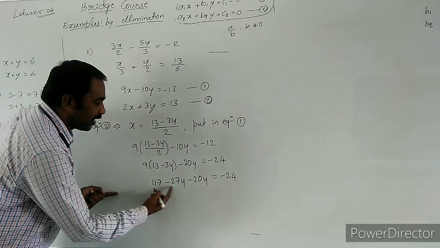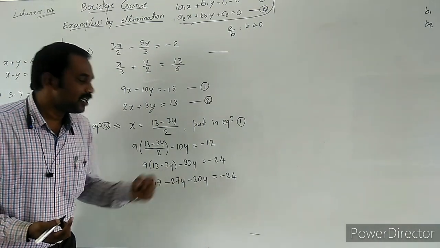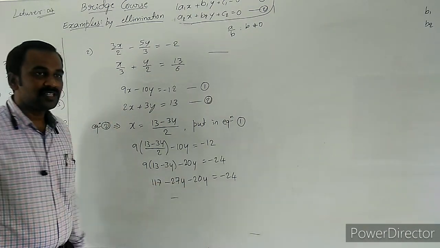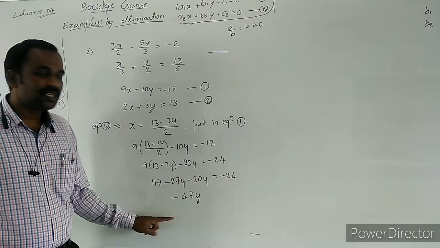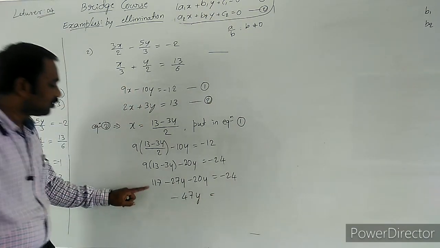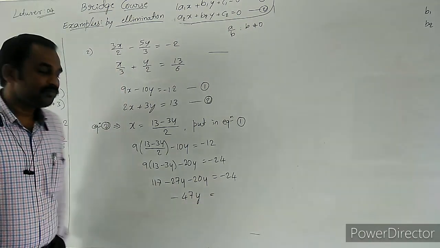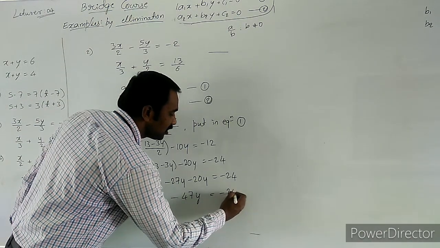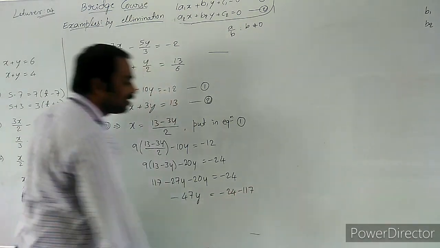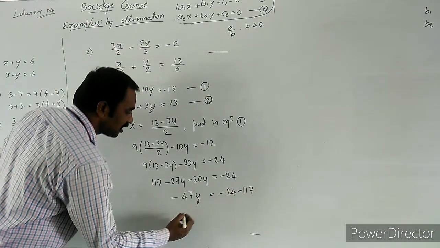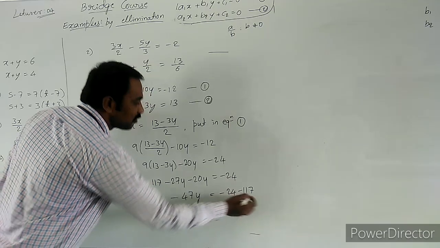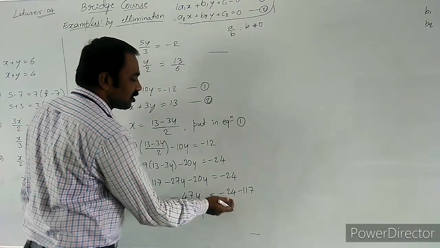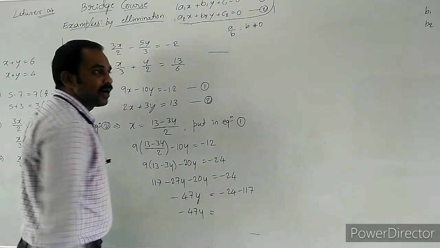Here minus 27y minus 20y both have the same sign, so this means minus 47y is equal to, shifting 117 to the right hand side, minus 24 minus 117. So minus 47y is equal to minus 117 minus 24.